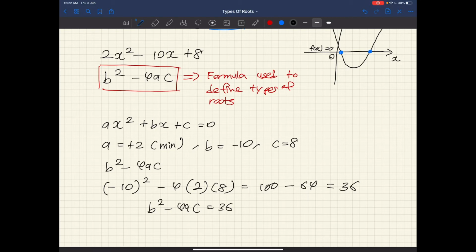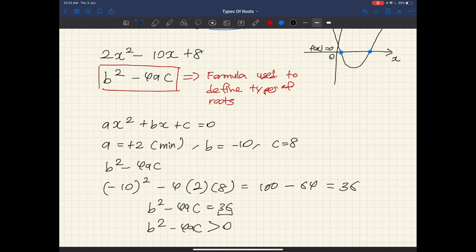And how can you use this analysis to identify your type of roots? First, look at the number here. The number here is greater than 0, so your b squared minus 4ac is greater than 0.